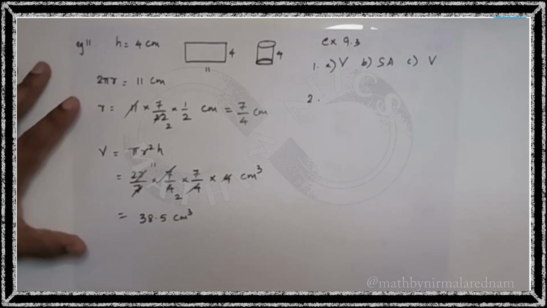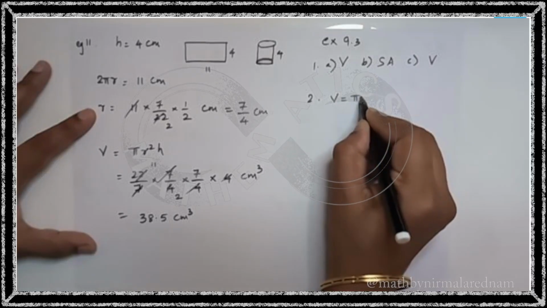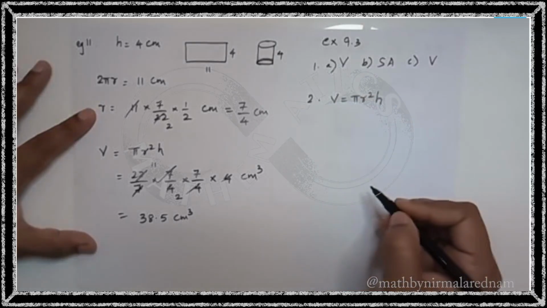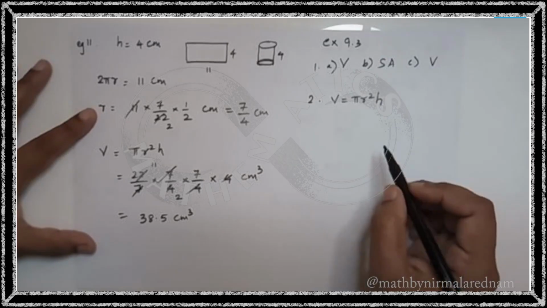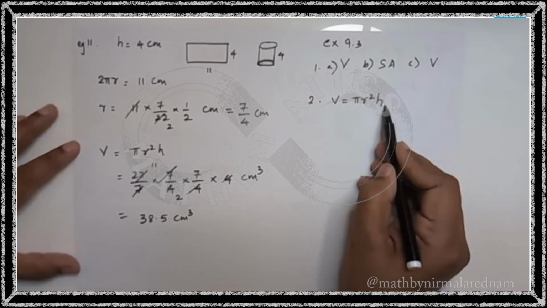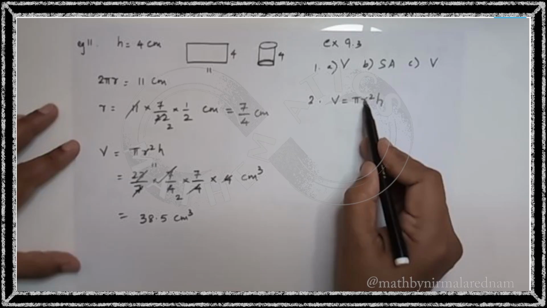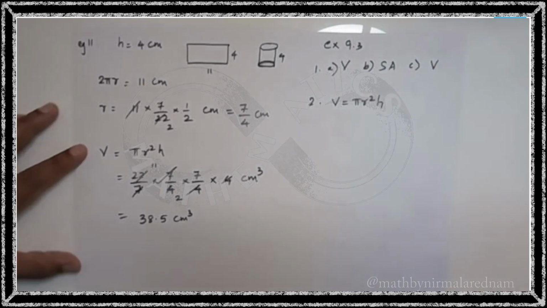Now here, I want you to look at it. Keep in mind the formula of the volume of a cylinder. The formula is pi r square h, right? Now here, the exponent of r is 2 compared to h. So if r is greater, there are more chances that the volume is greater for that cylinder.